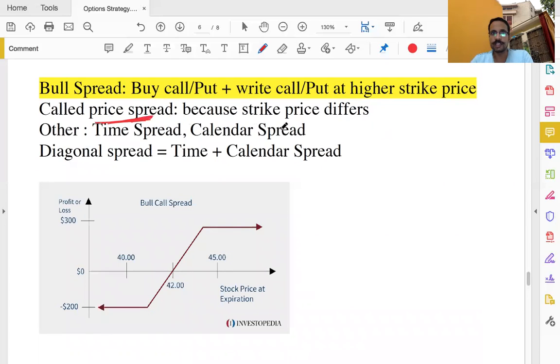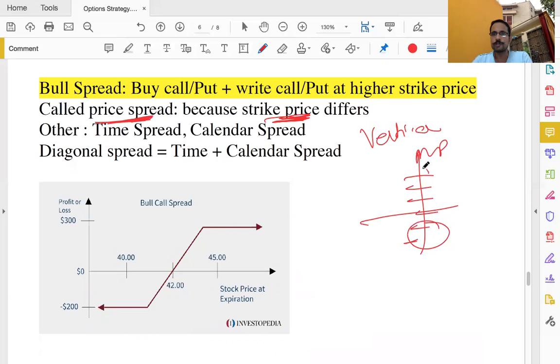We are expecting the price only is going to differ. The two options that we have used in this strategy, one is to buy, another is to write. They have different strike prices. So this is a vertical spread. This is also called the vertical spread, because on the vertical axis of market price, you have bought one option here and written another option here, whether it is call or it can be put.